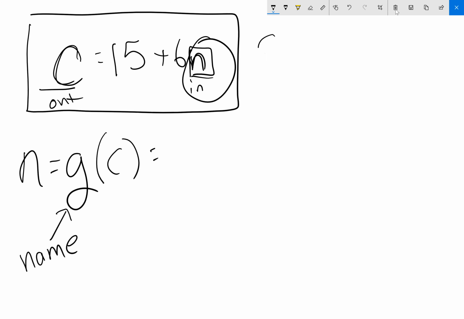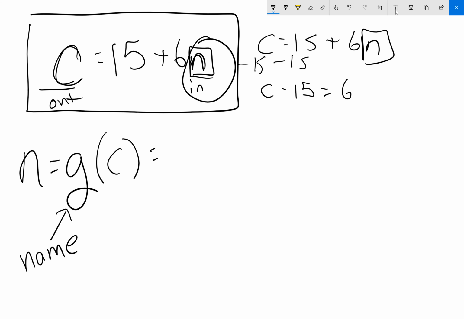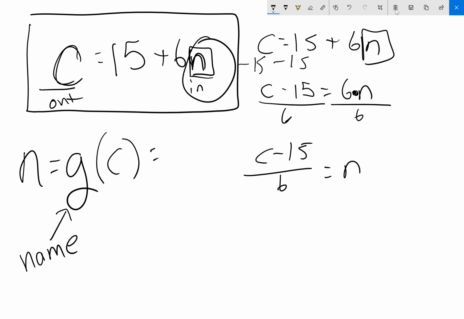Okay, so we want to get n by itself. The first thing we need to get rid of is this 15. Now we can get rid of that 6, which is being multiplied by n. So c minus 15 over 6 equals n.